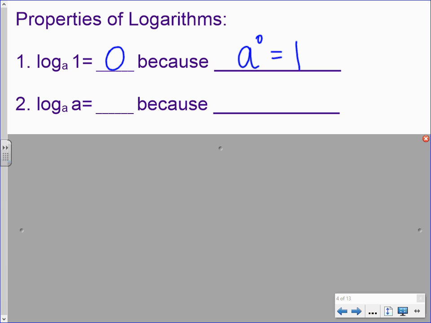Okay, next order of business, log base A of A. You and your pod have 20 seconds to determine what log base A of A equals.